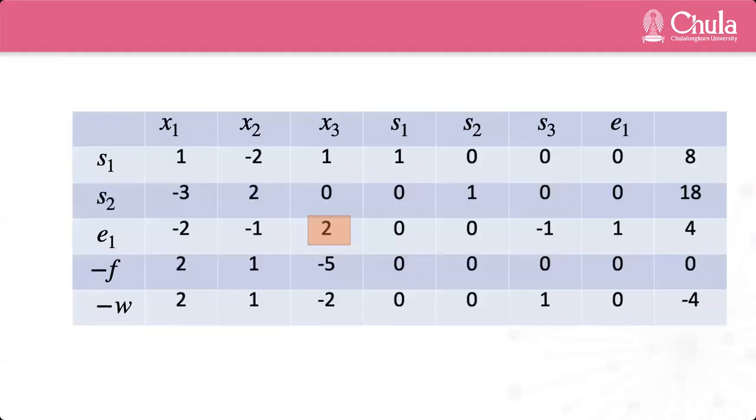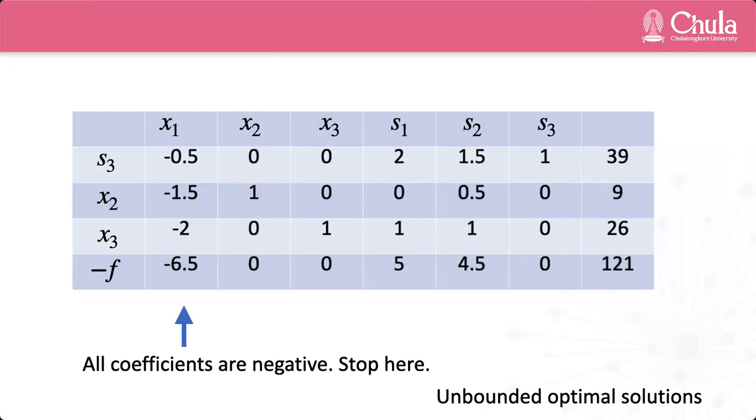However, in this example, we still have a negative coefficient, and it suggests we introduce x1 to the basic variable. However, we cannot remove any variable because all these are negative. It signifies the unbounded optimal solution.